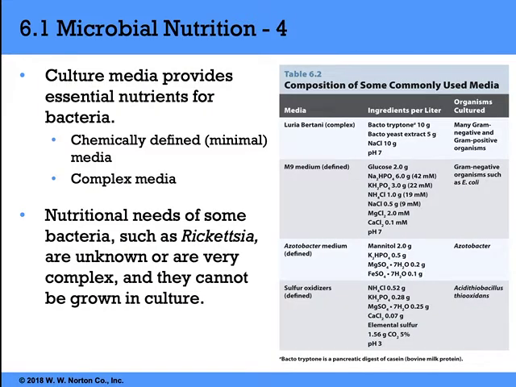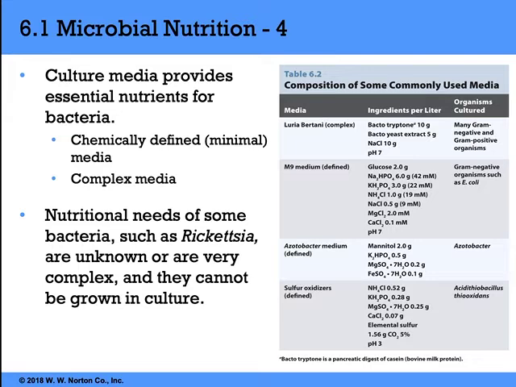Culture media provides the nutrients that bacteria need in order to grow, and you can have either complex or chemically defined media. In chemically defined media, you know the exact amount of every component of that media, to the gram or to the milligram, okay. There are no components in the media that have unquantifiable ingredients, all right.